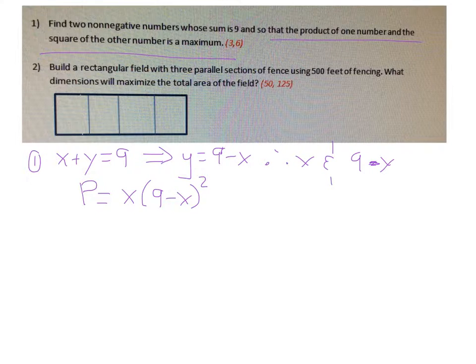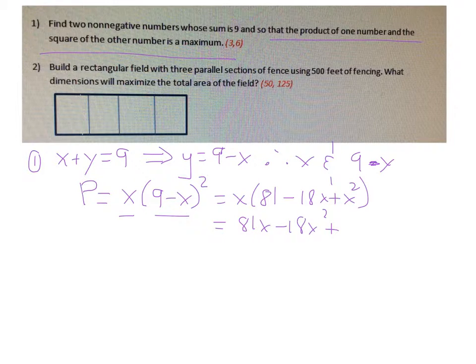We're multiplying the first number by the square of the other number, so that's x times 81 minus 18x plus x squared when we expand that binomial, which will leave us with 81x minus 18x squared plus x cubed.